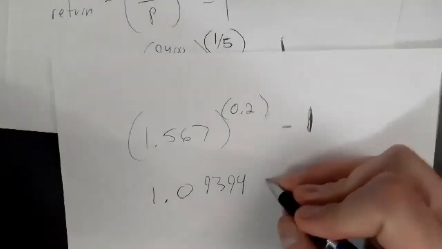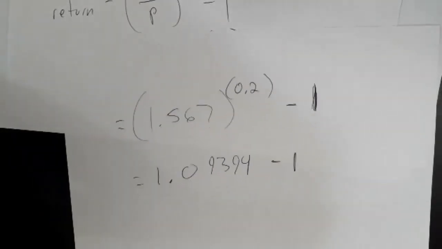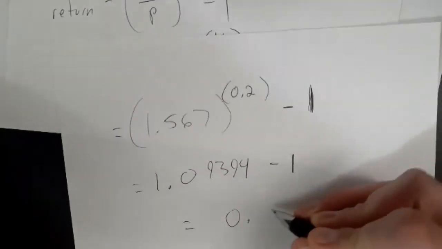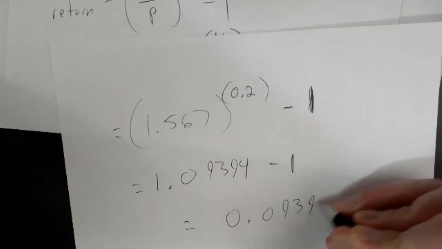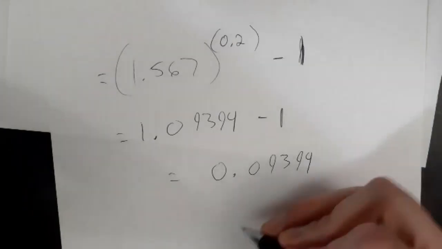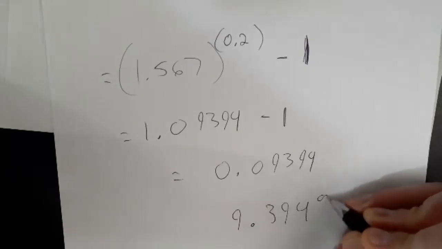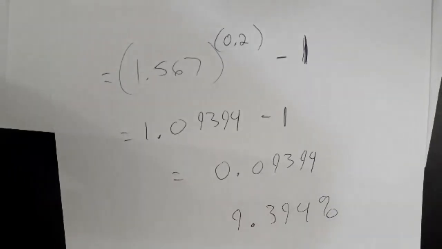And then I got to subtract 1 from this thing. I'm subtracting the 1 off the front of that. And the last step is I got to convert the decimal to a percent.